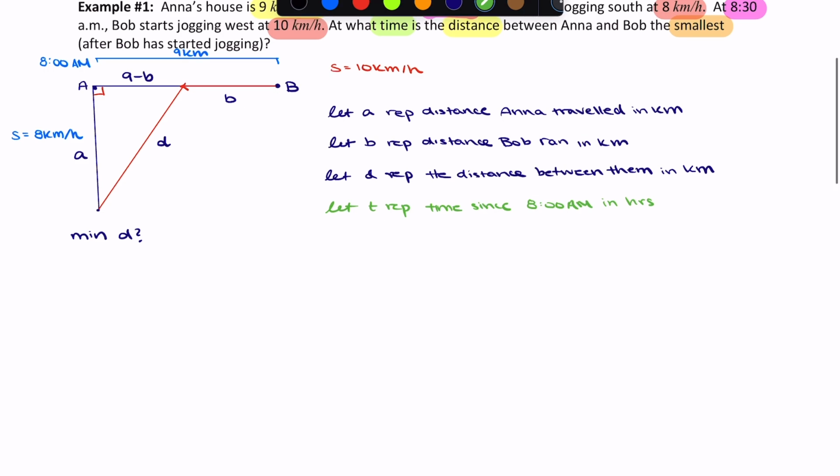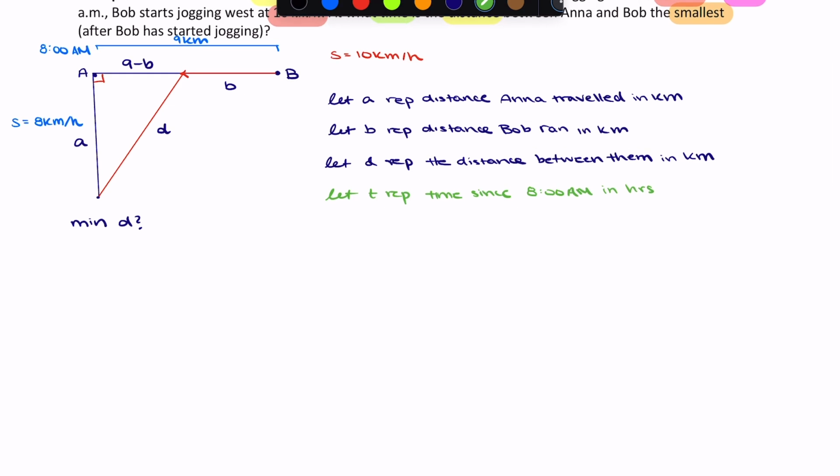So here, using the Pythagorean theorem, we can write that d squared is equal to a squared plus 9 minus b squared.